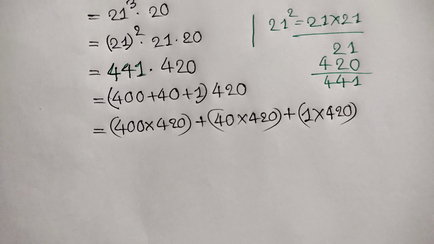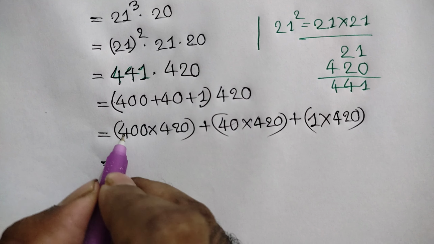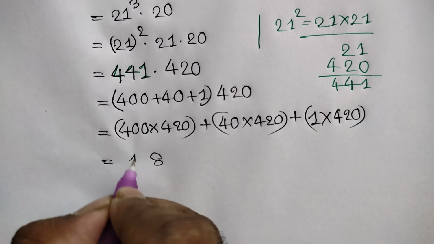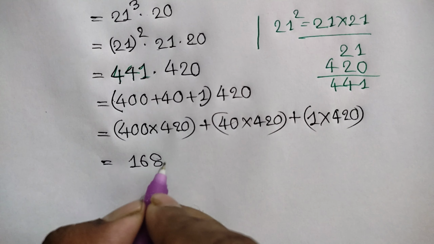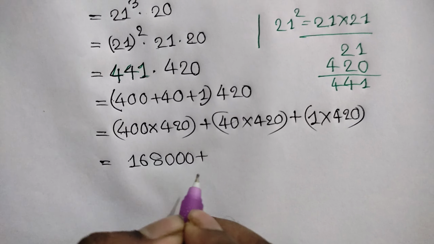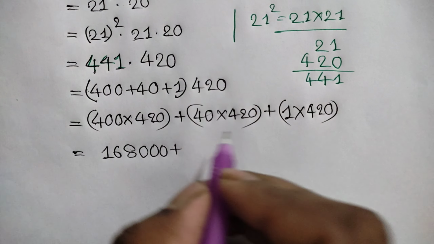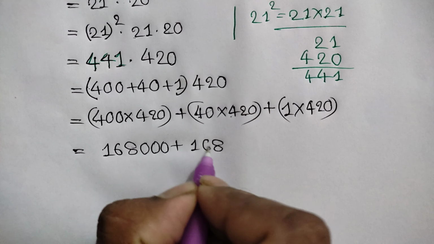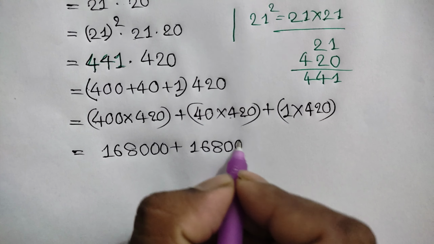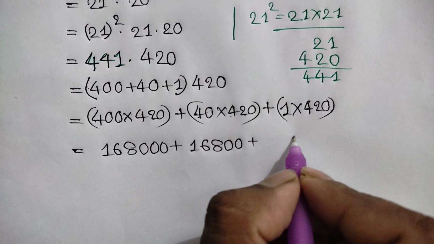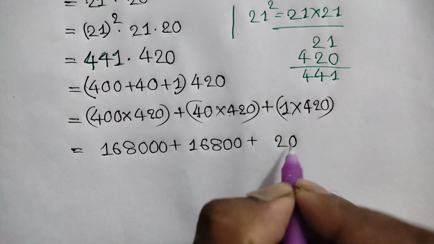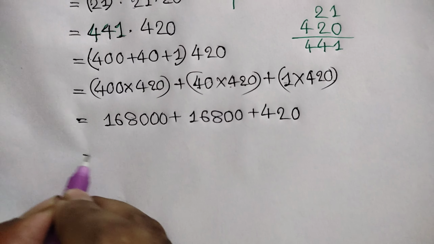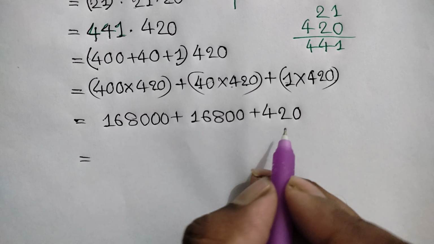Okay, now 4 times 2 is 8, 4 times 4 is 16, with three zeros, plus 4 times 2 is 8, 4 times 4 is 16, with two zeros, plus 1 times 0 is 0, 1 times 2 is 2, 1 times 4 is 4.